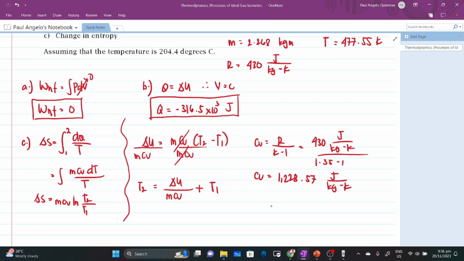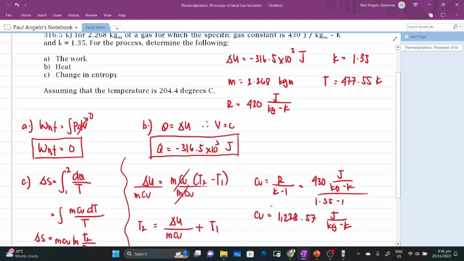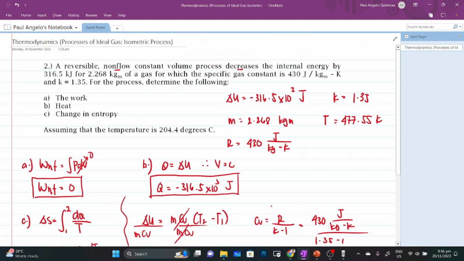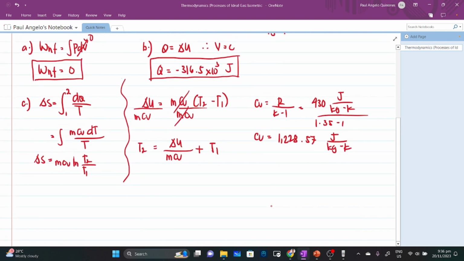Okay, so now we are ready to solve for T sub 2.